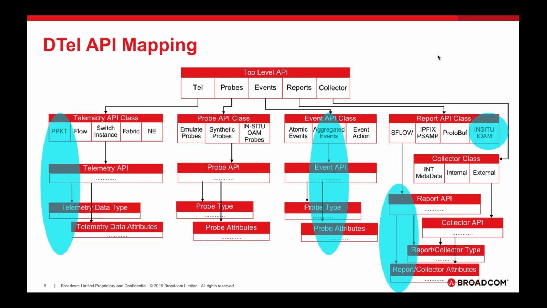The events and the reporting, which are kind of combined together, need to be separated, and they have to implement a separate reporting class, which needs to get bound with the event, because their action is reporting in the event. So that's just giving a very top level view of how the migration of the DTel API will look. And at least in my opinion, it's a very easy migration.